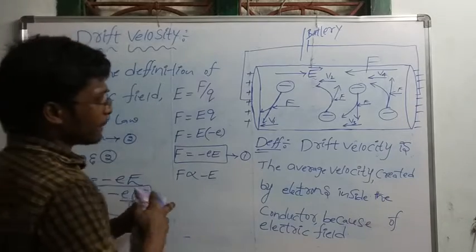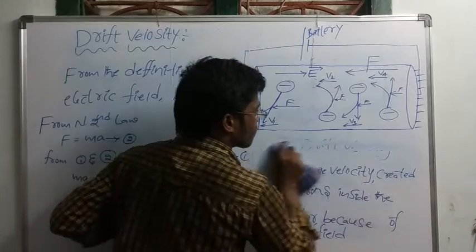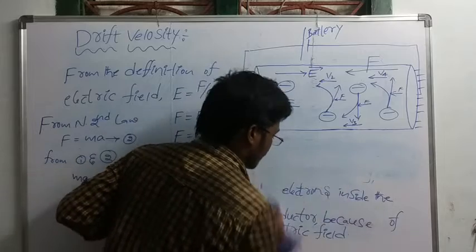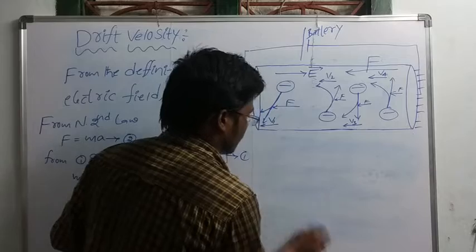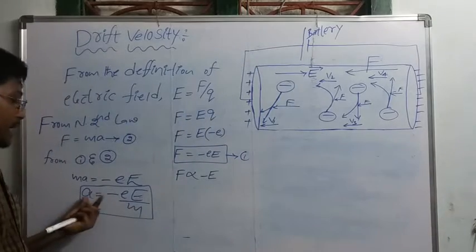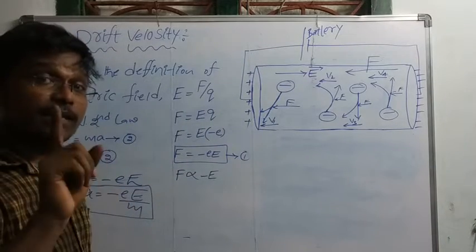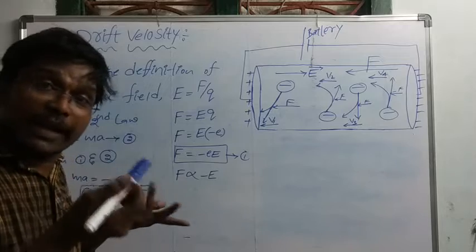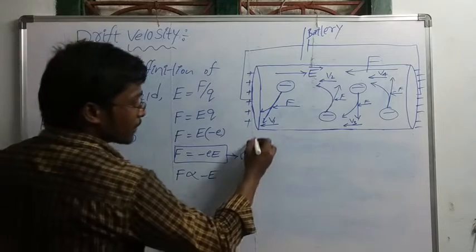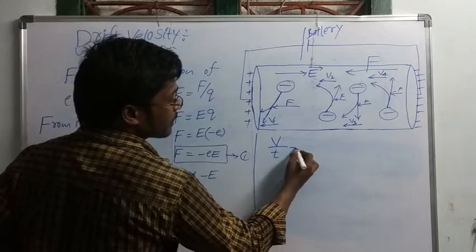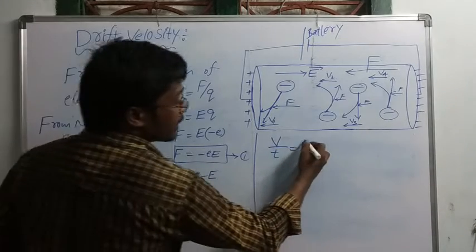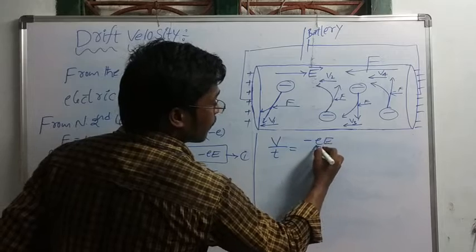Here, we already know the acceleration definition: velocity by time. So acceleration, velocity by time, is equal to minus eE by m.